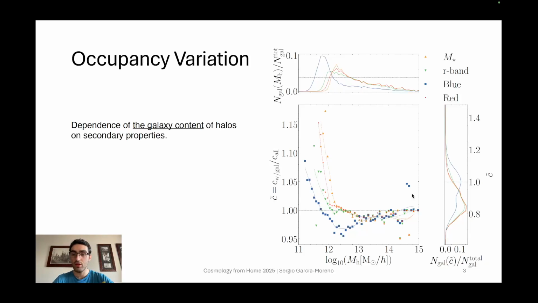As an example, we can see to the right the figure showing occupancy variation depending on concentration. This plot will be explained in detail later.